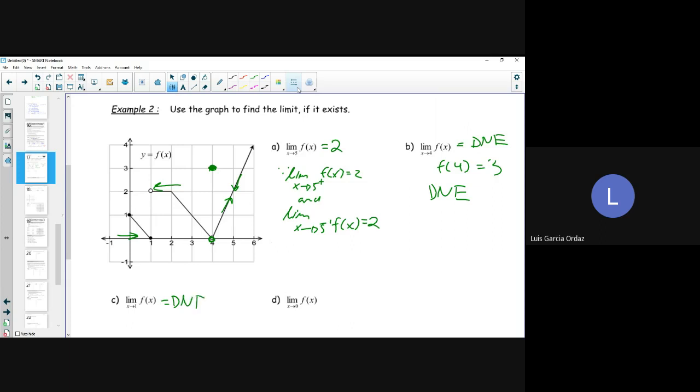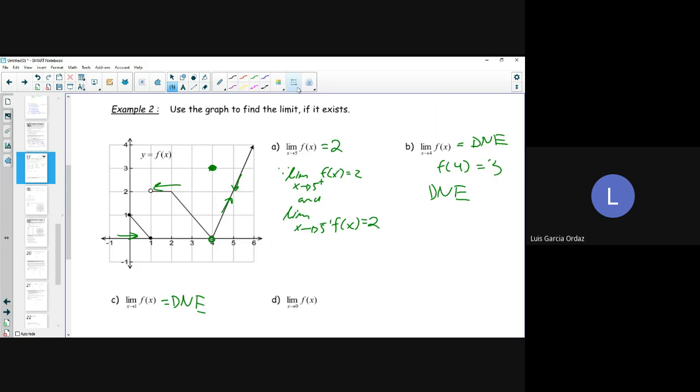And the reason it doesn't exist is because if we approach 1 from the right, what y value is it approaching? 2. And if we approach it from the left, what y value is it approaching? 0, which means the values of L are not the same, which means the limit of x approaching 1 from the right is not the same as the limit of x approaching 1 from the left.